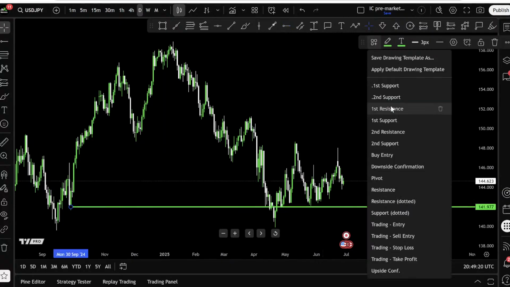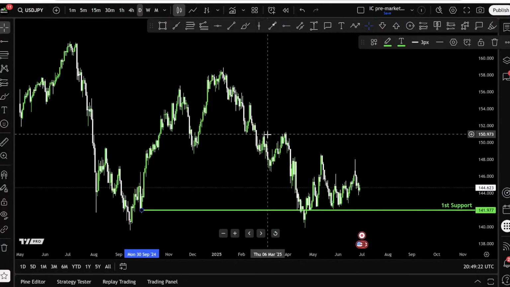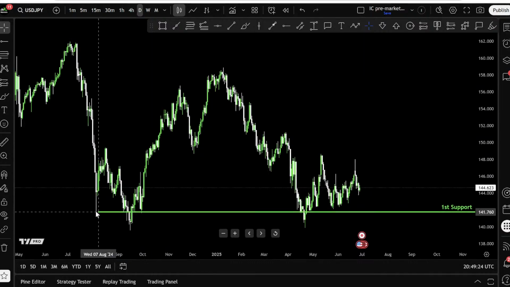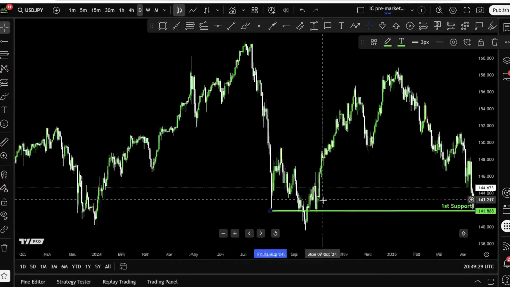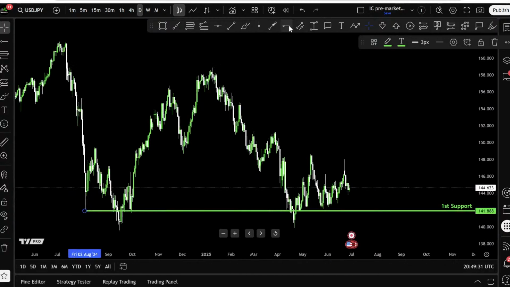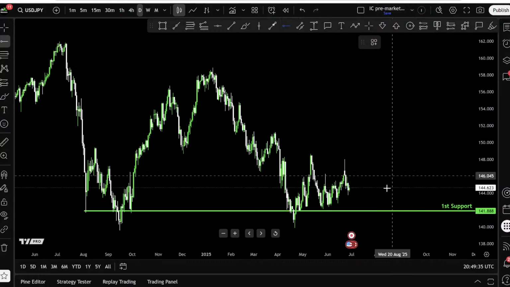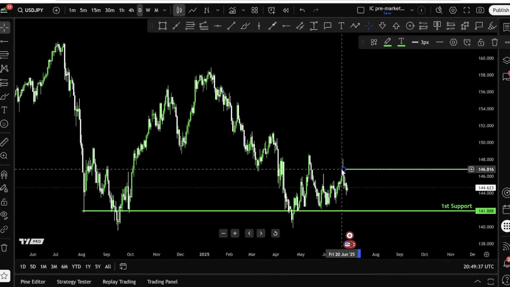Okay, I'm starting with a first support. First resistance up here.